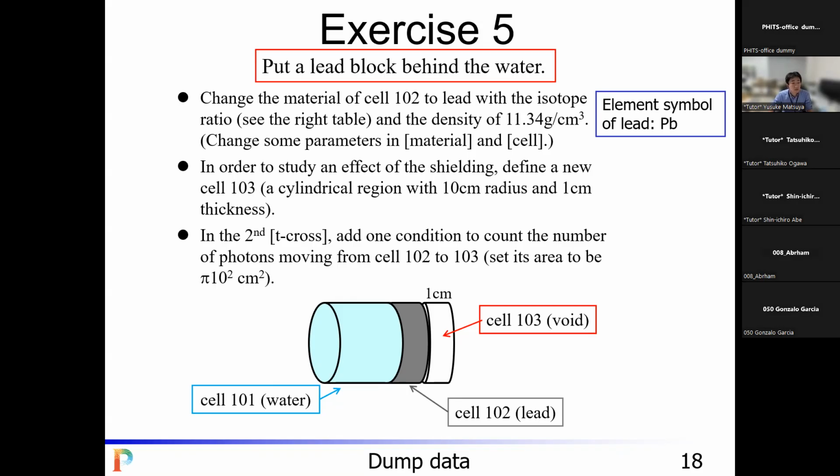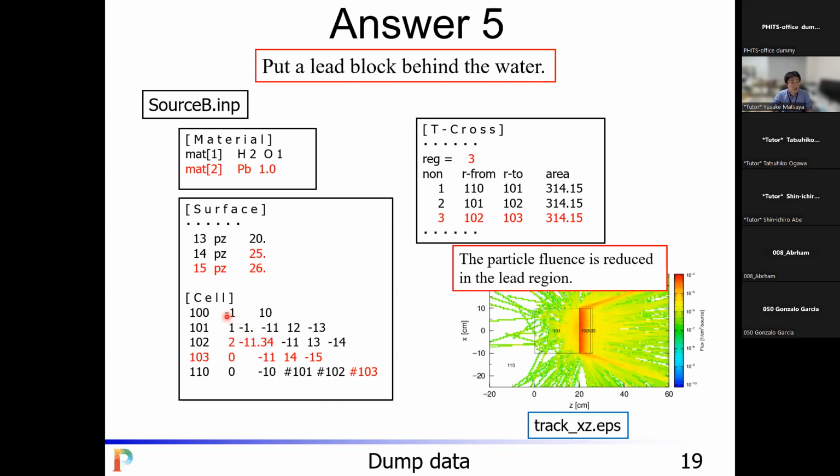Everyone, sorry, it's time. So let me explain the answer of exercise number 5. Seeing the answer, let's do the exercise with me. So moving on to the next slide. So here is an answer of exercise number 5.